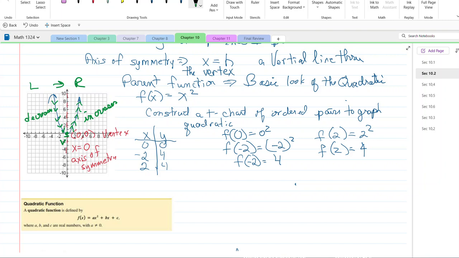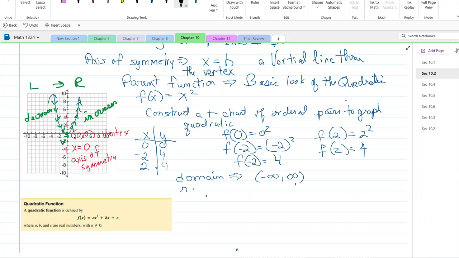Now let's discuss domain and range. Domain is the values of x where the function can exist. Well, we know that the domain is negative infinity to infinity. Never has a start, never has an ending. It goes forever.